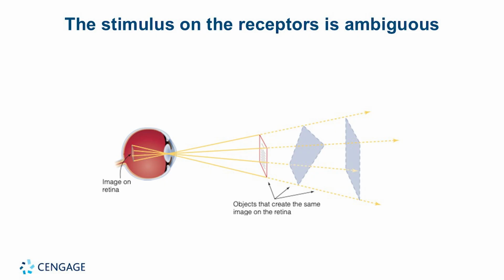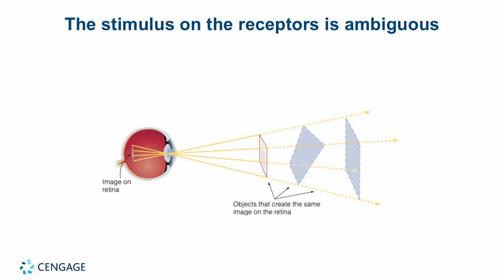But it's important to realize that that pattern of activation on the retina can be somewhat ambiguous, because multiple different objects can produce the same image on the retina, or the same object can produce different images depending on how it's oriented in space.